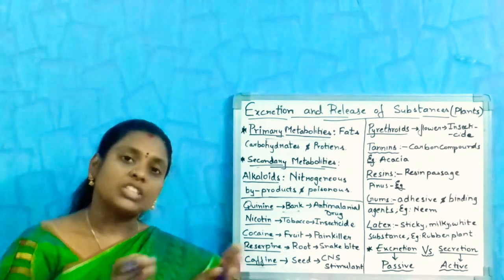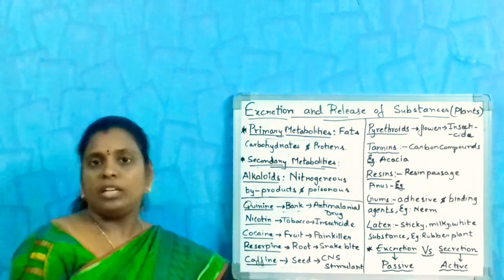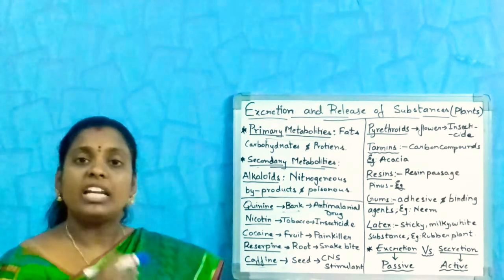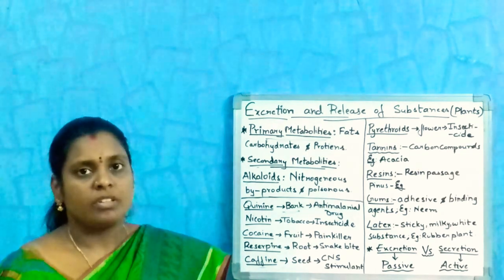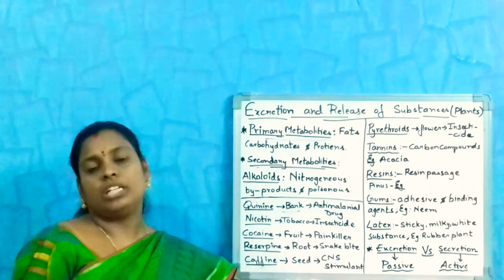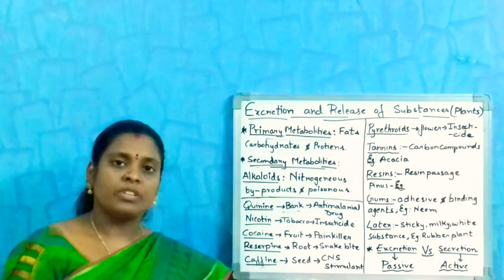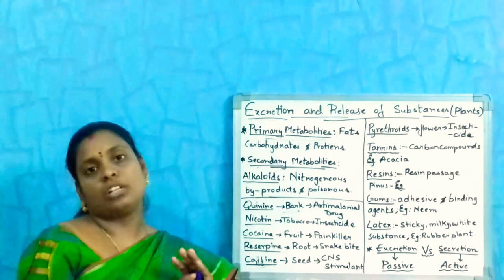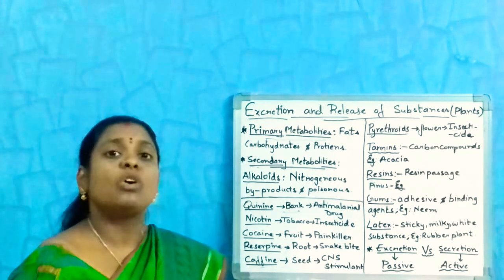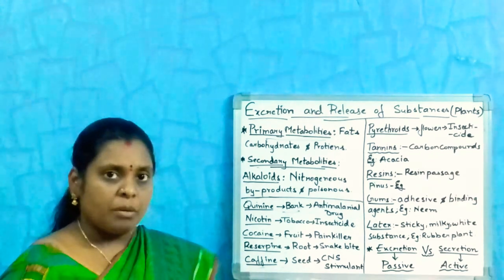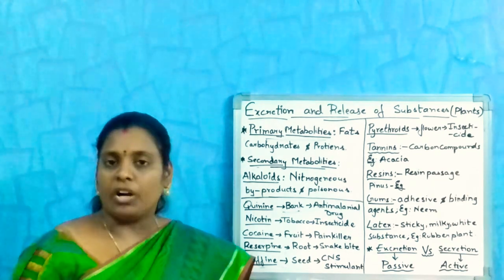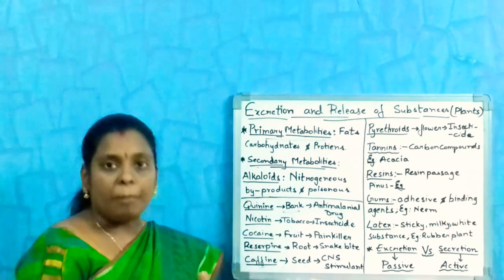But the excretions like carbon dioxide are produced by our body, but there is no use, so we are excreting it. We are leaving it out from our body. If it accumulates more in our body, it may lead to a severe condition. That's why we are excreting them. So both are produced. Excretions are the waste products. There is no use in our body. But secretions are helpful for our body, not only for us, even the plants also.